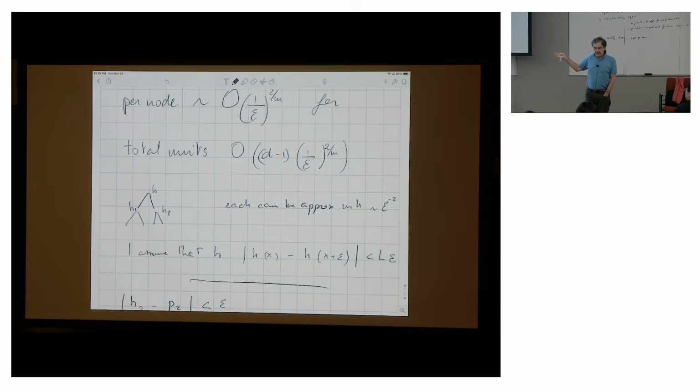But what makes the exponential dependence on dimensionality go away is not weight sharing, it is the locality of the constituent functions, the fact that I have a fixed number of inputs. That was a bit surprising to a few people, like Yoshua Bengio, for instance, the fact that it does not depend on weight sharing.